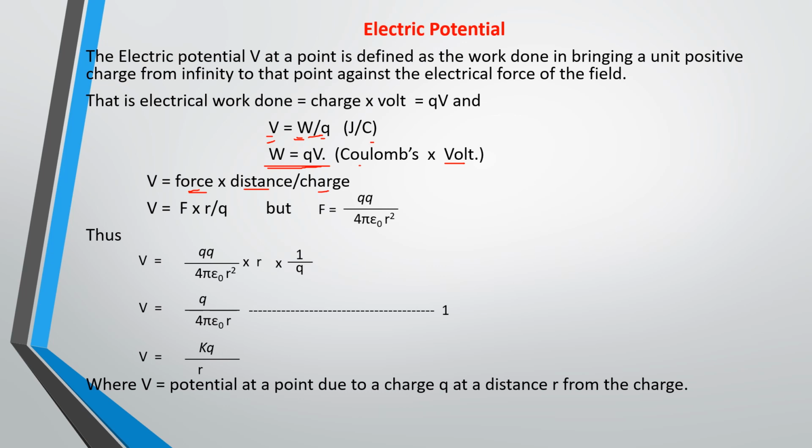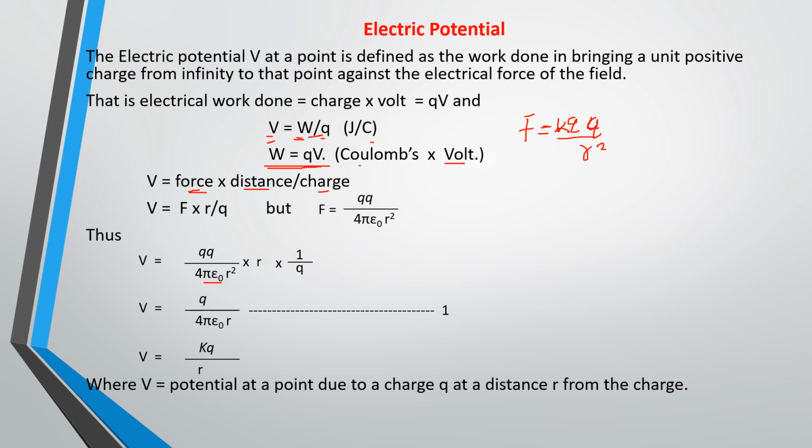Now remember that the electrical force is given to us as the product of the charges all over their distance squared, multiplied by the constant of proportionality K, which is given by 1 over 4 pi epsilon 0.